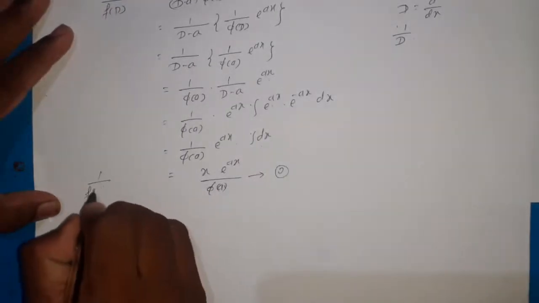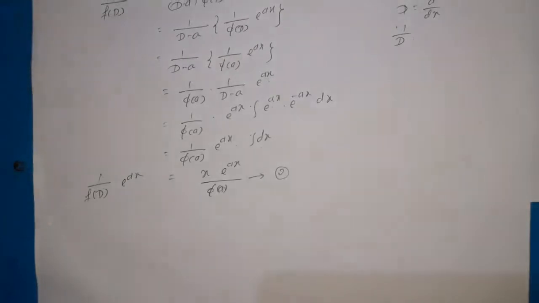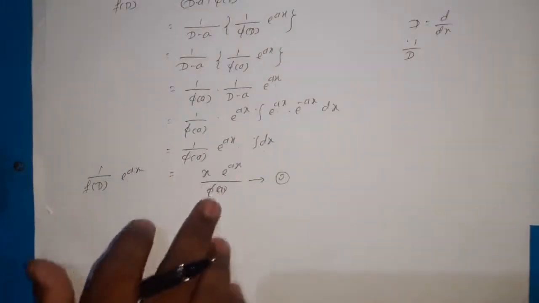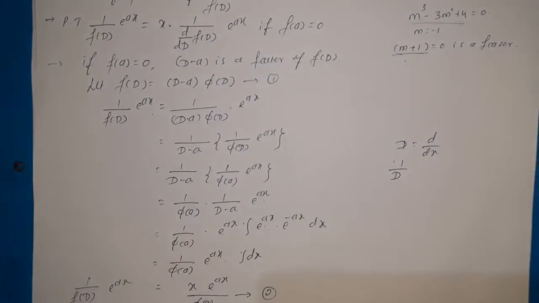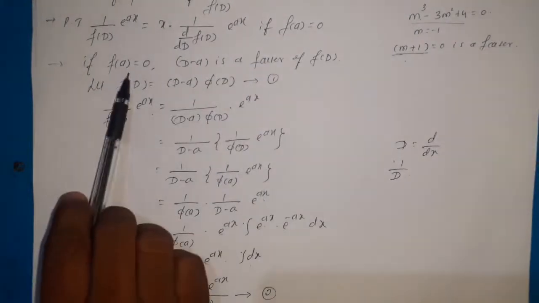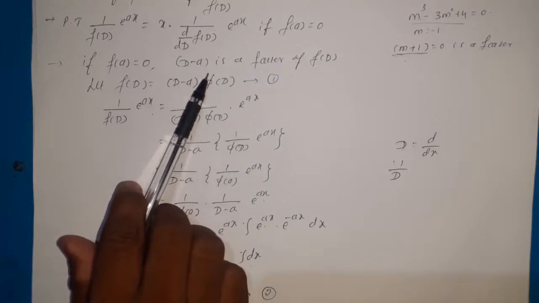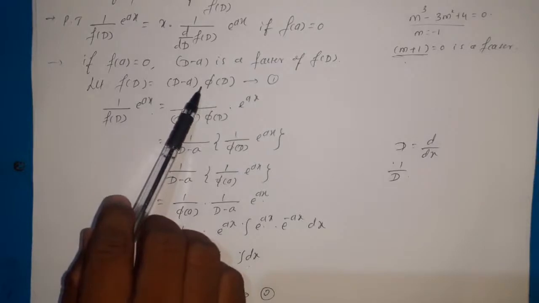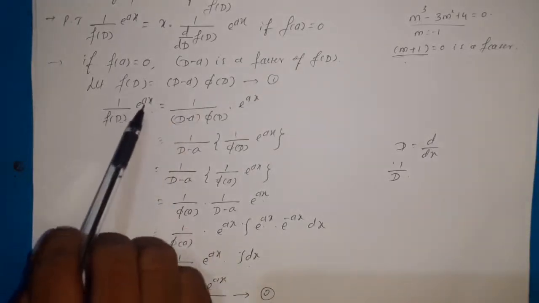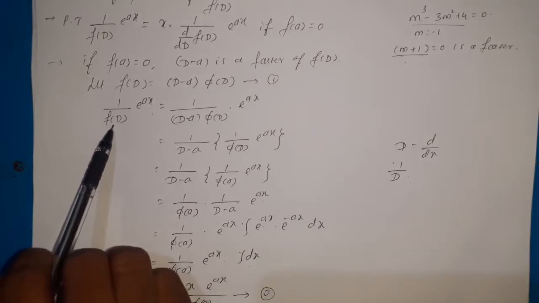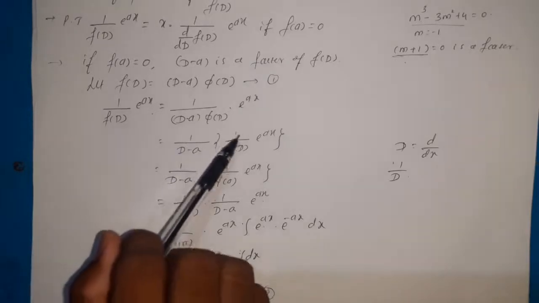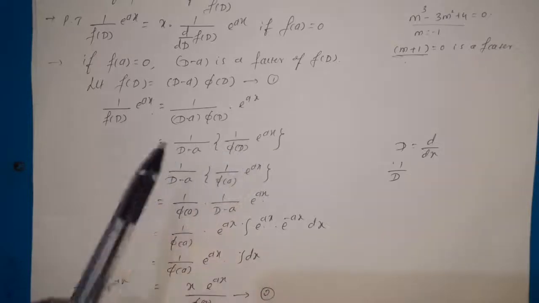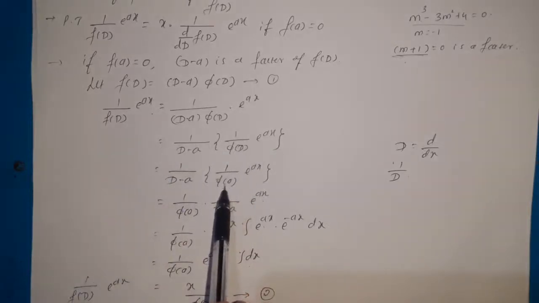On the LHS it is 1 by f of D into e power ax. So here we have considered f of a equal to 0, then D minus a is a factor and f of D can be written as D minus a into phi of D. Then consider 1 by f of D into e power x, substituting f of D, D minus a into 1 by phi of D into e power x, the particular integral of this one is 1 by phi of a.